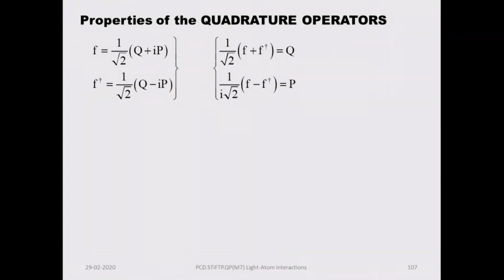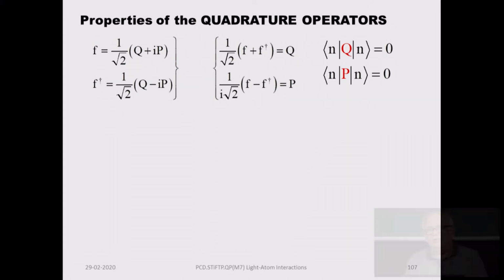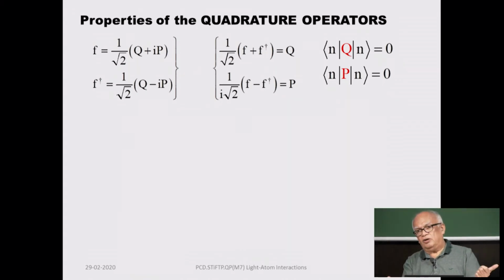So, we have introduced these quadrature operators earlier. I would like to remind you of some of their properties over here. Their expectation values in the occupation number states will be 0, okay, because they are sums of creation and destruction operators. So, they will reduce the occupation number, which will then be orthogonal to the previous occupation number state, or it will increase the occupation number, which will again be orthogonal to the previous occupation number state.